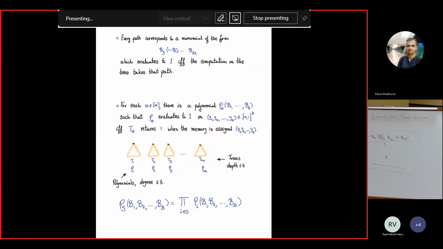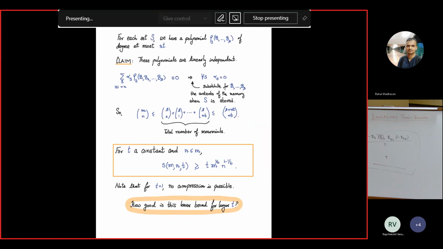Now, the claim is that these polynomials are actually linearly independent. So let us just do that. So we have built polynomials for each set. And suppose there is a linear dependency among these polynomials.